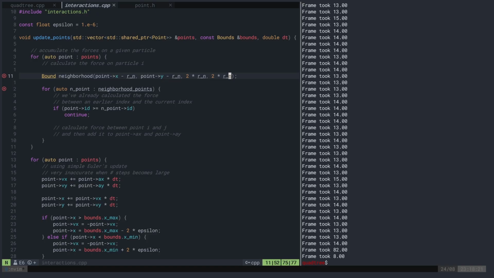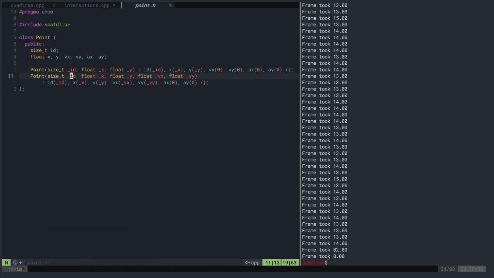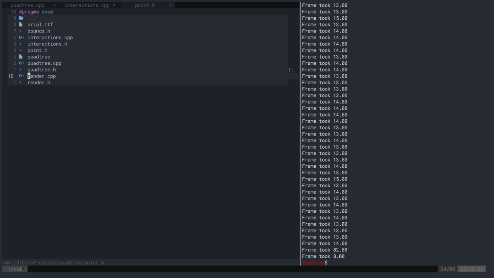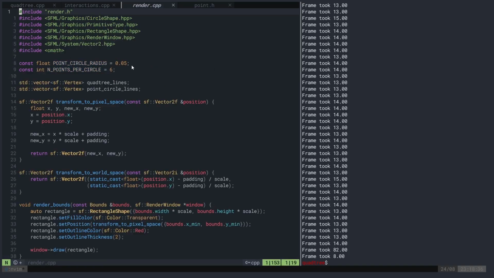Remember that each of these particles had a radius, as we define here. We define that radius to be 0.05 units. So we can just define an arbitrary distance around each of these points where we know that the point is going to feel some force. So this is going to be a free parameter.